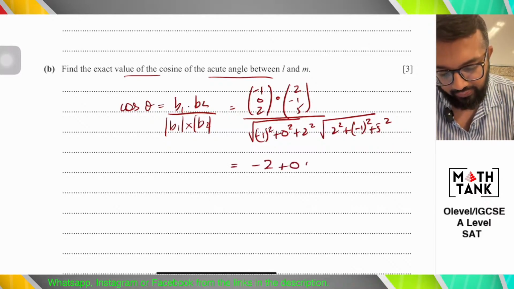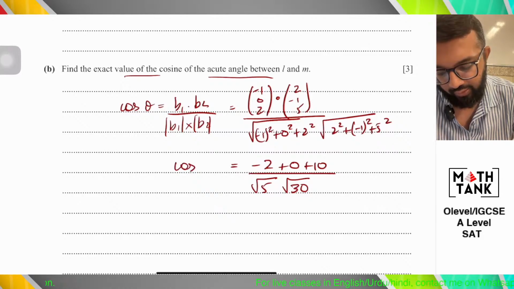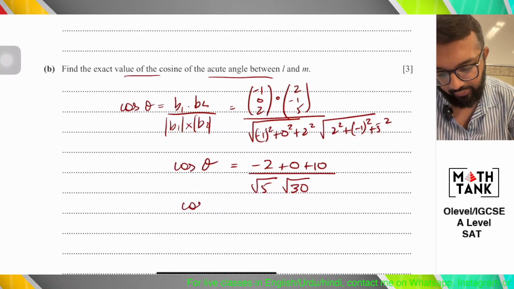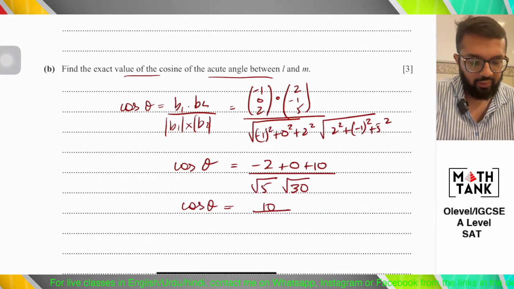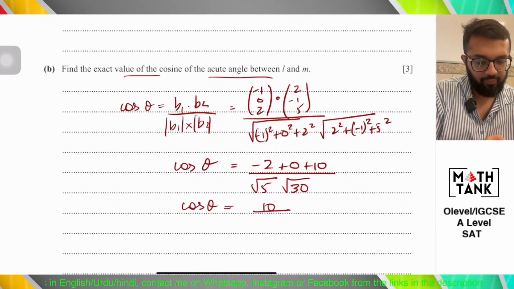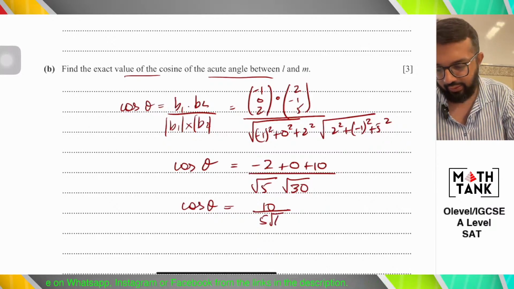Minus 2 plus 0 plus 10. So root of 5, and 25 plus 5 is 30. So cos theta is 10 over root of 150.